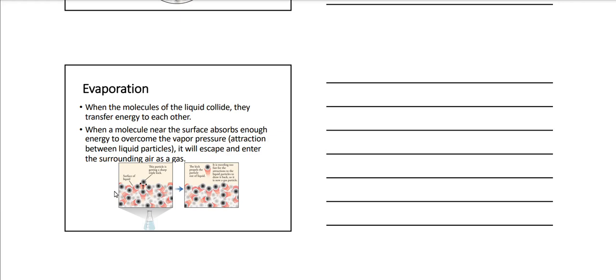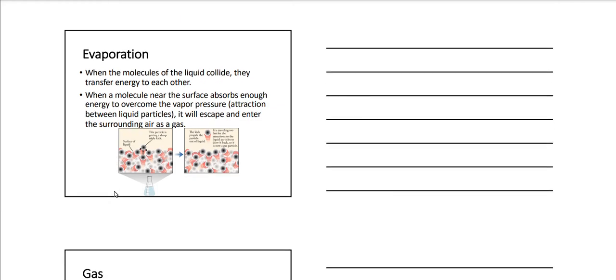If you take a pot and put it on the stove and you start heating the water in that pot, eventually you'll see small tiny bubbles, and later those bubbles will get even more vigorous, and at some point you start generating gas, or water in its gaseous formation, or vapor. So evaporation is when the molecules of the liquid collide, they transfer energy to each other.